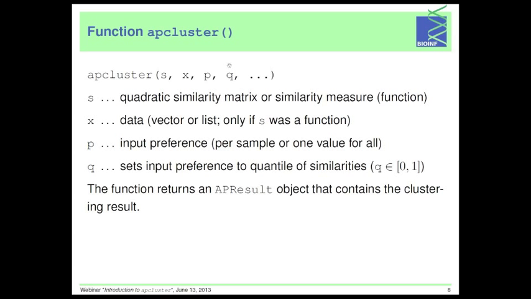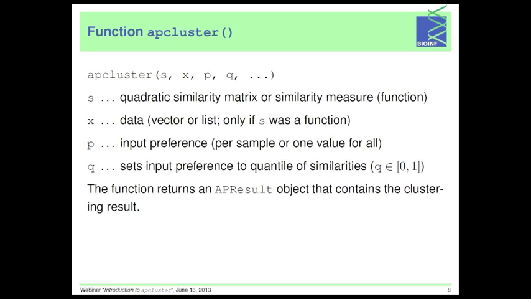So if Q is 0.5, then this corresponds to the median of similarities. If Q is 0, then it corresponds to the minimum of similarities. So we have all these rules that the original authors of the affinity propagation method suggested, and a smooth transition between them.